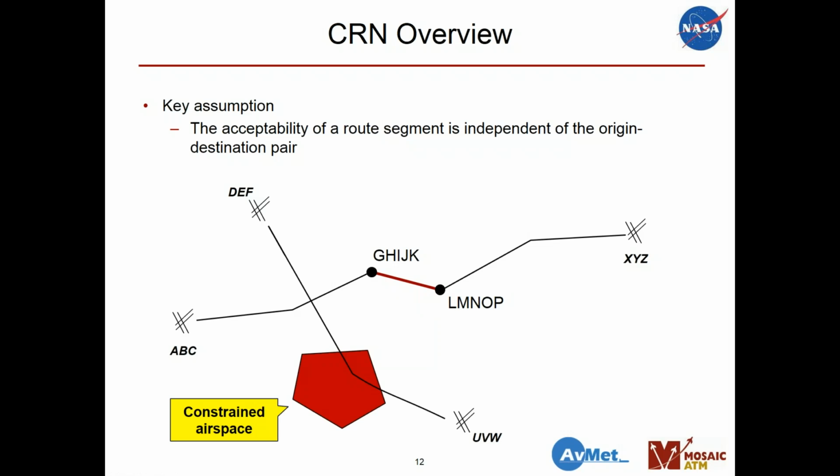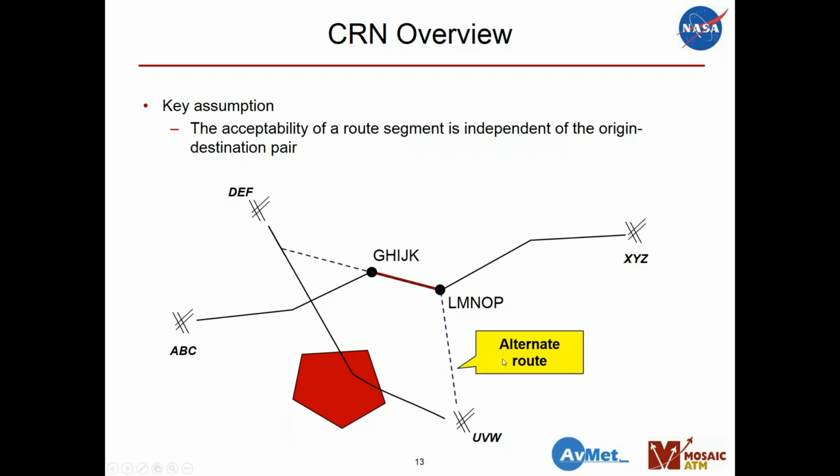And now you have another flight that you're filing a flight plan for, and that flight is going from airport DEF to UVW, but it's going through an area of constrained airspace, and at this point now you are looking for an alternate route.